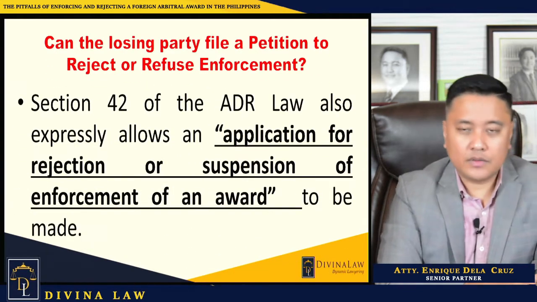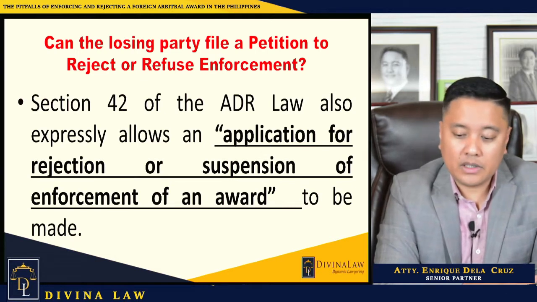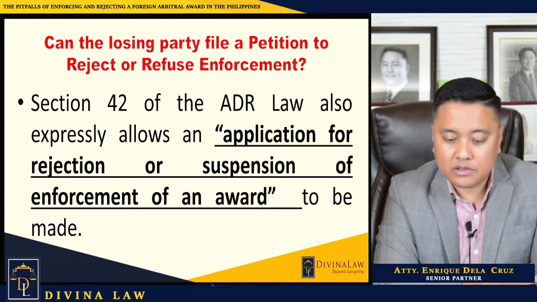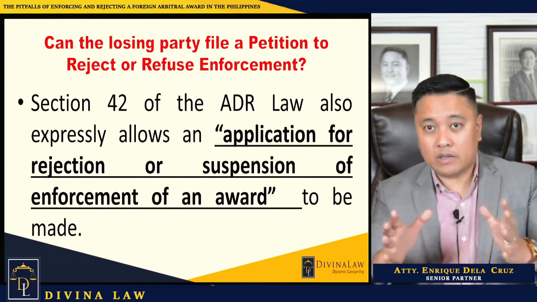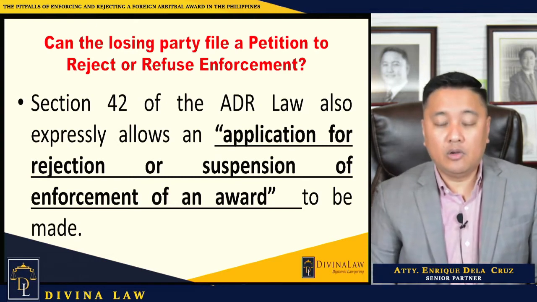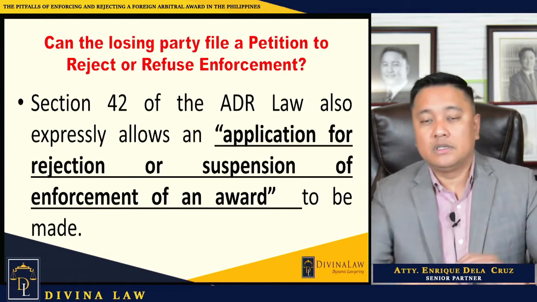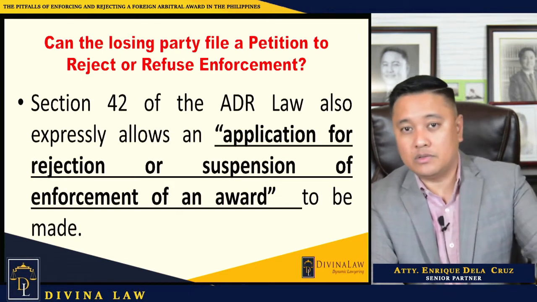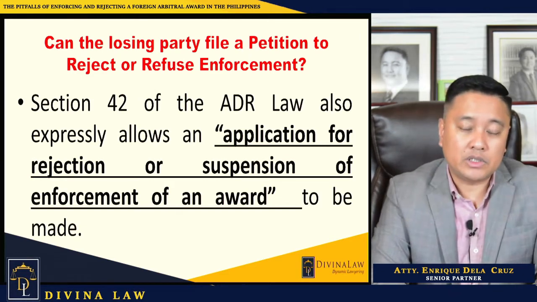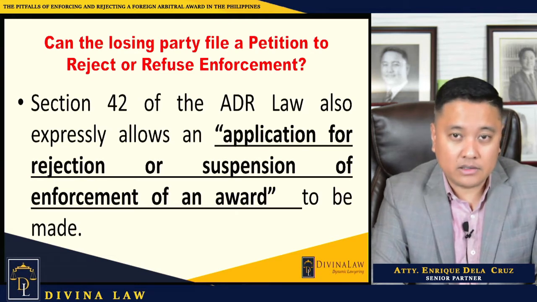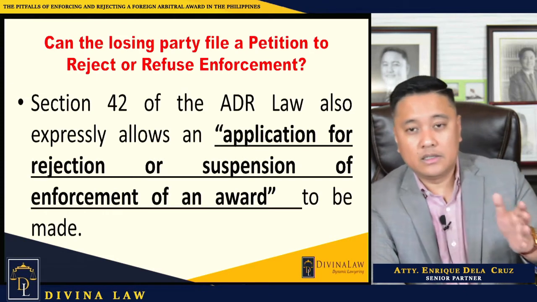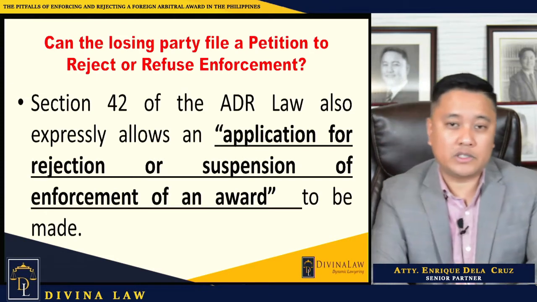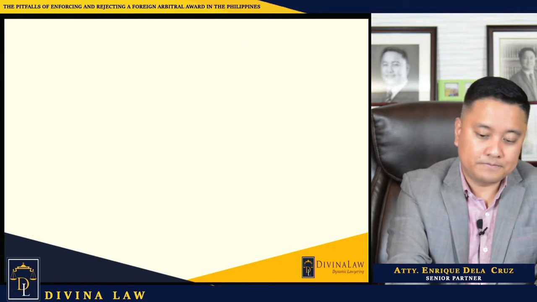Also, under Section 42 of the ADR Law, it expressly allows an application for rejection or suspension of enforcement of an award to be made. So you have two legal bases that justify a losing party to preempt the prevailing party by filing a petition to refuse recognition or a petition to reject the enforcement of a foreign judgment: Section 42 of the ADR Law and Section 13.4 of the Special ADR Rules.